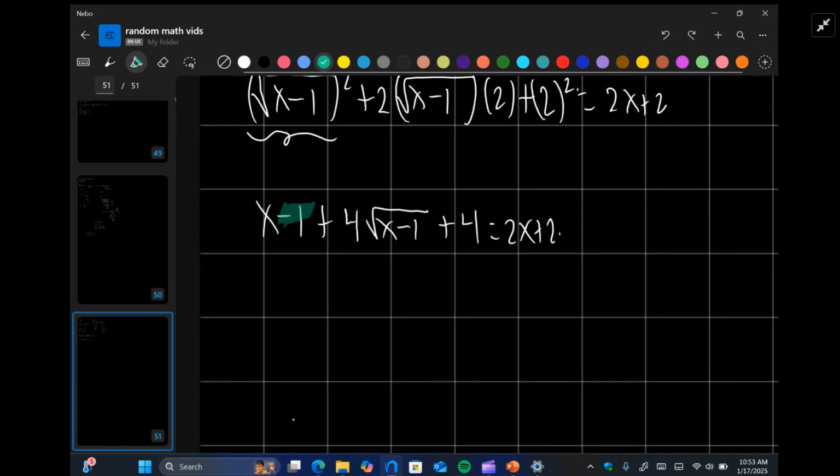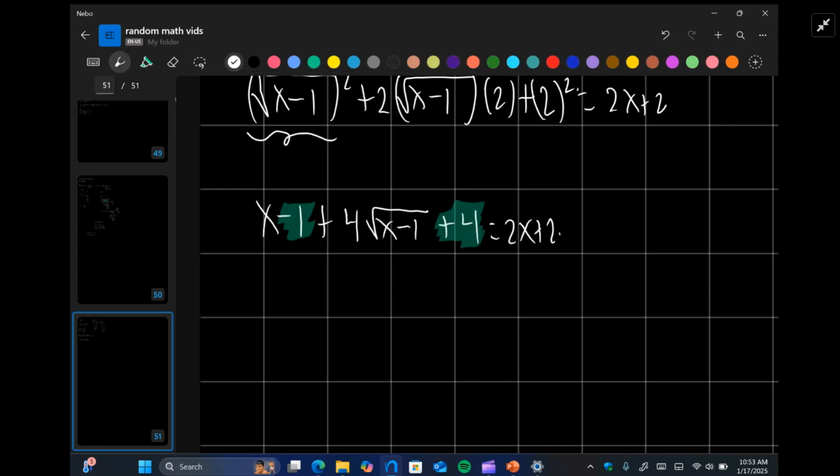Here we have a -1, and here we have a 4. So we're going to go ahead and just say x plus 4 square root of x minus 1 plus 3 equals 2x plus 2.